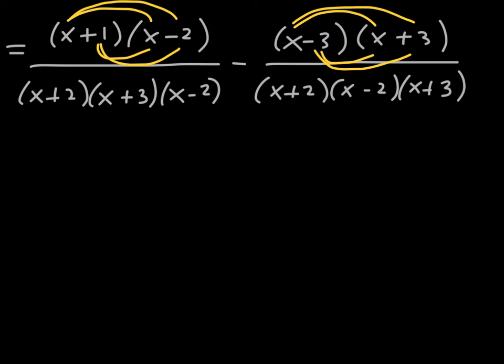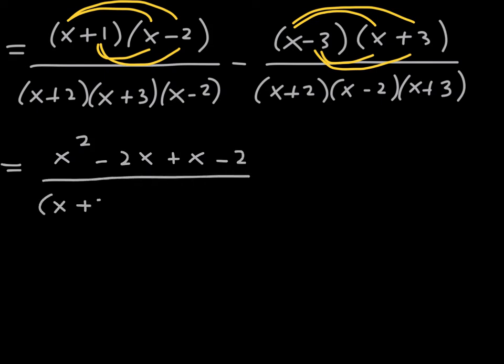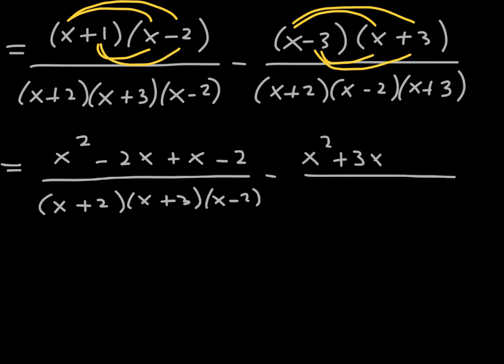All right, so then what you get is x squared minus 2x plus 1x minus 2 over the LCD. Over here, you get x squared plus 3x minus 3x minus 9 over the LCD.